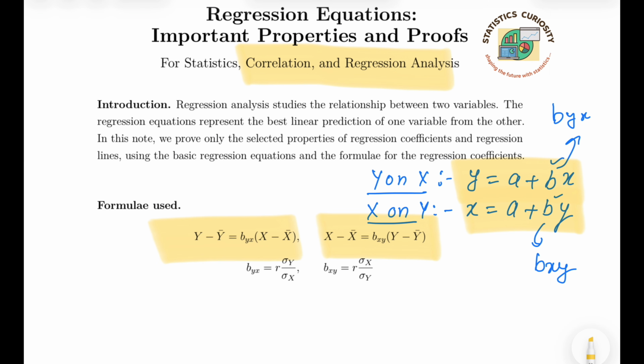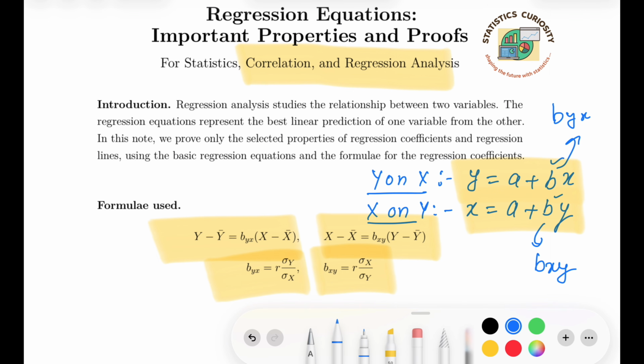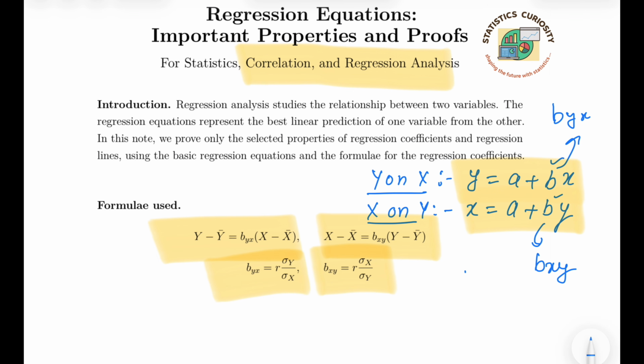Also, the formula for regression coefficient byx equals r sigma y over sigma x, where small r is the correlation coefficient and sigma y and sigma x are the standard deviations of y and x. And bxy equals r sigma x over sigma y. Before starting the proofs, you must know these numbers 1, 2, 3 and 4, and 3 and 4 are the important ones.